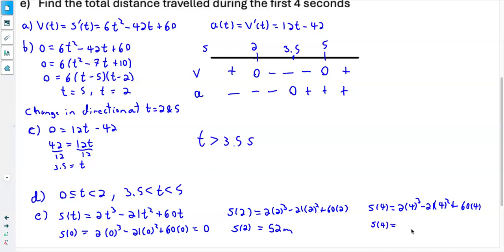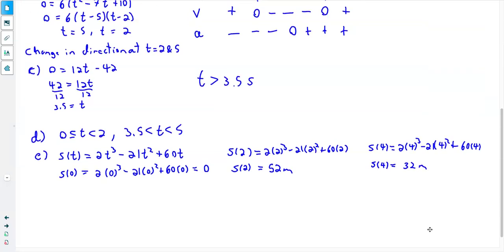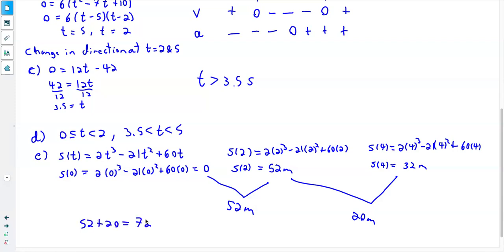And that gives us 32 meters. So we can see that between these two, we traveled 52 meters. And then we went 52 meters to 32 meters, so that'd be 20 meters. So our total distance traveled would be 52 plus 20, giving us 72 meters total.